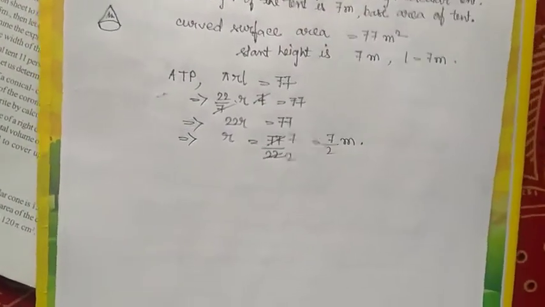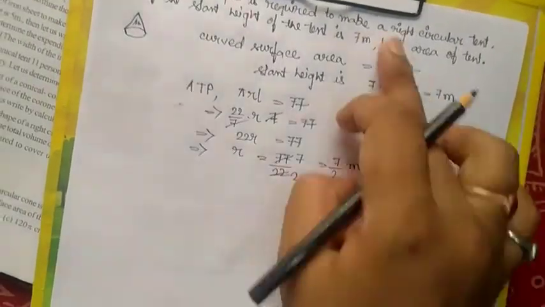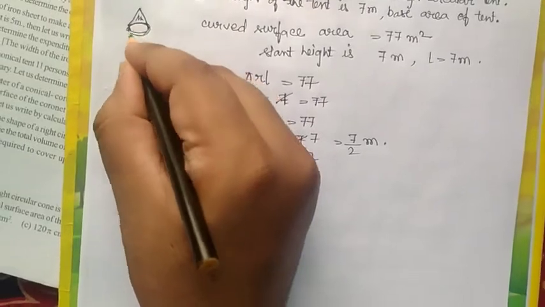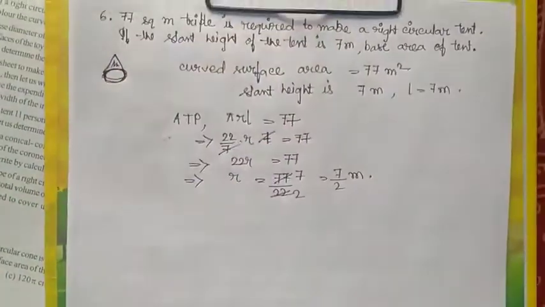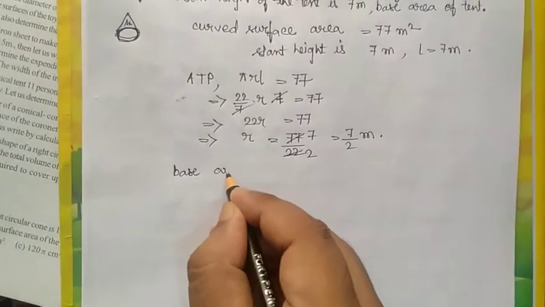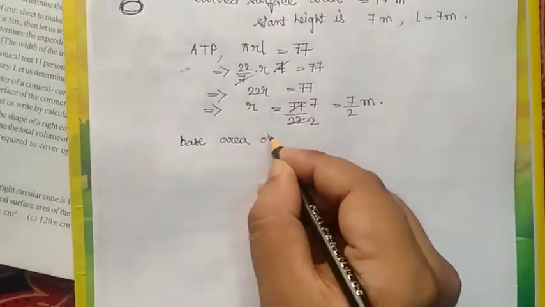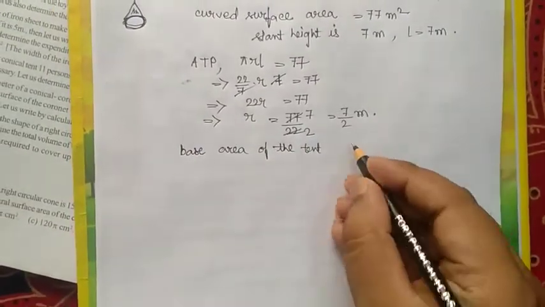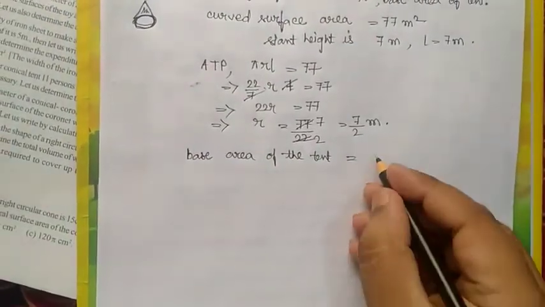Now we have to find the base area of the tent. The base area of the tent means this circle. So the base area is equal to pi r square.